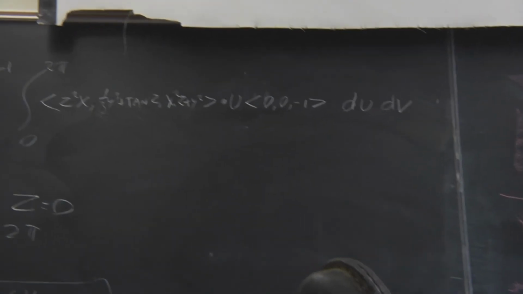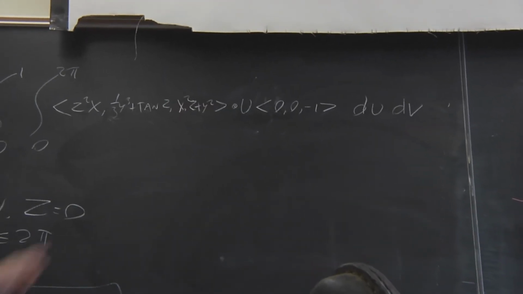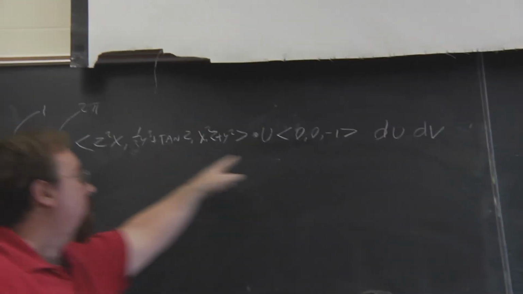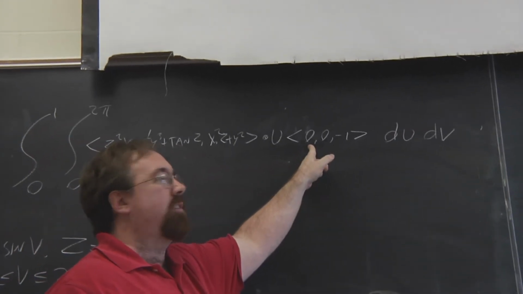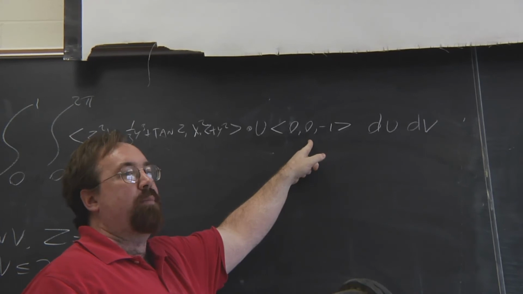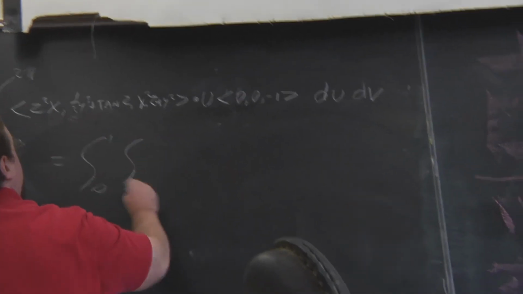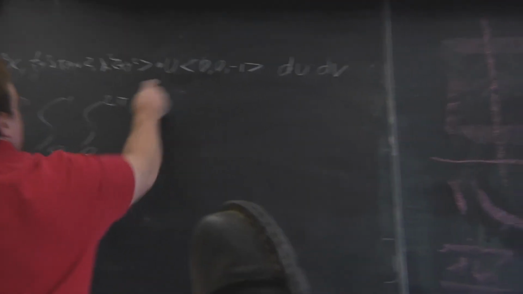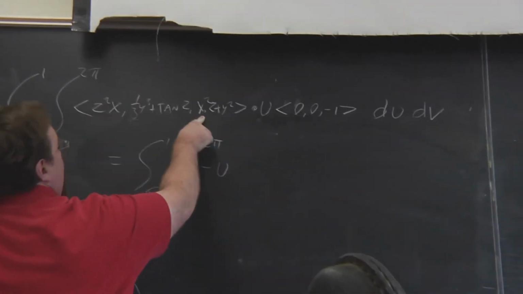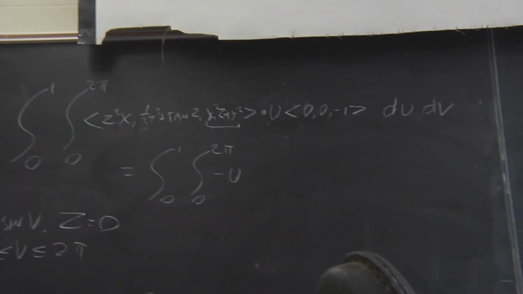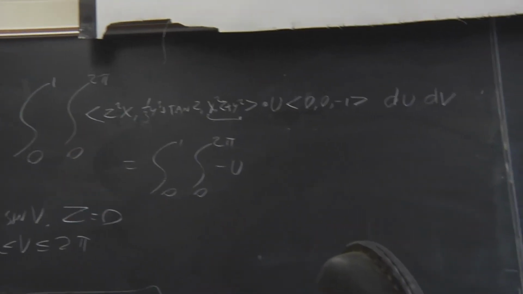Now, the nice thing is, it doesn't matter how painful these would be to integrate, they're gone, because when we compute the dot product, we have the zeros here. It's going to wipe it all out. So again, 0 to 1, 0 to 2 pi, we'll have minus u times all this, x squared z plus y squared, which we need to fill in our parameterization for.